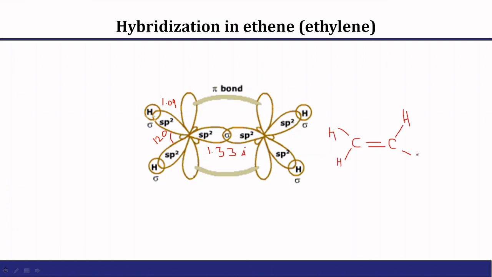Here it is 1.33 Angstrom. This results from the pi bond formation. So it is a double bonded carbon, and that is why the distance between the carbons is much shorter. It is just 1.33 Angstrom.